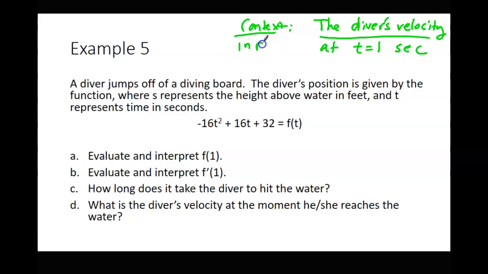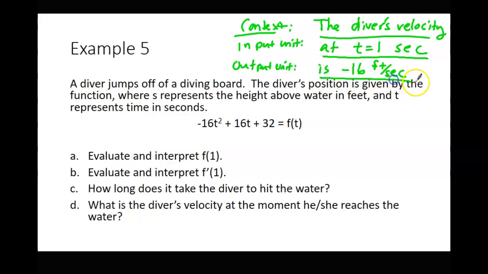There's your input unit. The diver's velocity at t equals 1 second is negative 16 feet per second. That's the output unit. So I've got all three parts in there. That's my proper interpretation of part B.